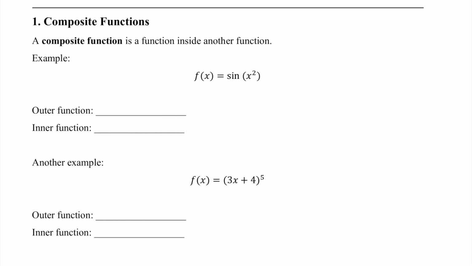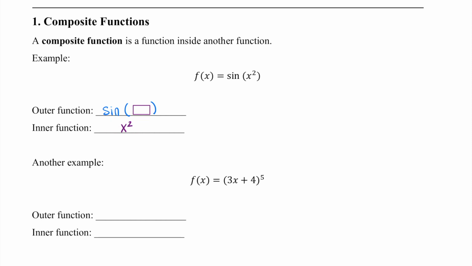So the outer function is sine of something. This something is the result of the inner function. You can think of it like this. First, we square x, and then we take the sine of the result of x squared.